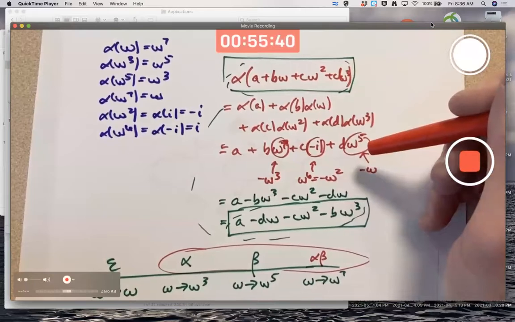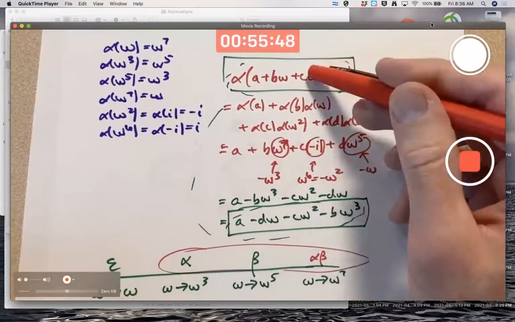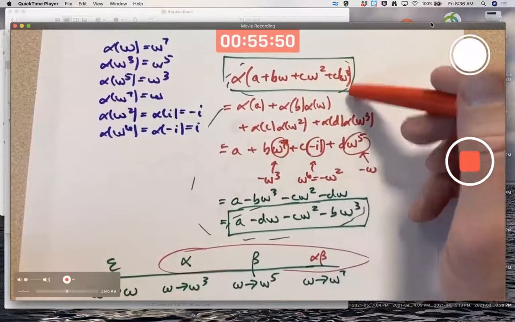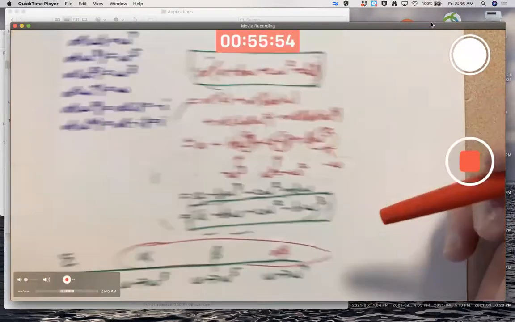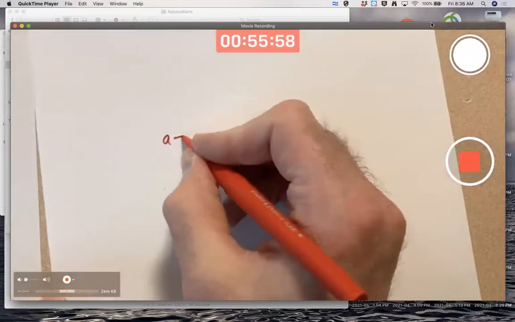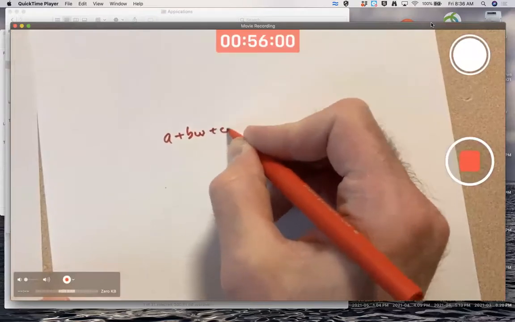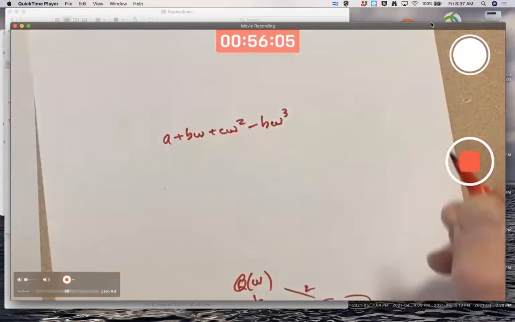And it seems like the key conditions are that A can be anything. C would have to be 0 to make these equal. And B would have to equal -D, seems to be the condition. So you'd be talking about elements of the form A plus B omega plus C omega squared minus B omega cubed.